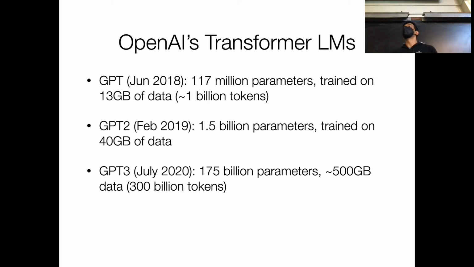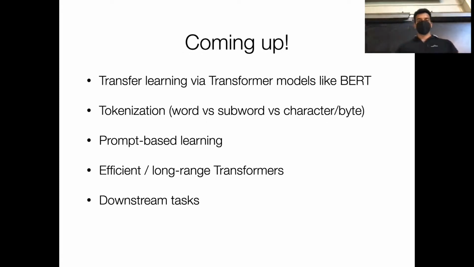And now there are even bigger models, like many companies have internal models that are even bigger. It's not really clear when we'll hit the limit of brute force scaling the data and the model size. Hopefully we'll hit it soon and then we can do more intelligent things. But yeah, this is currently the state of NLP.